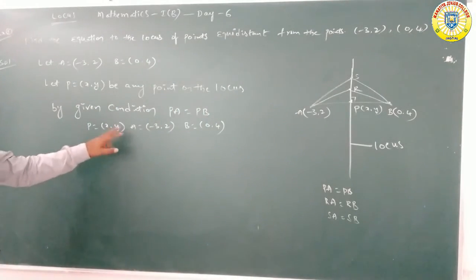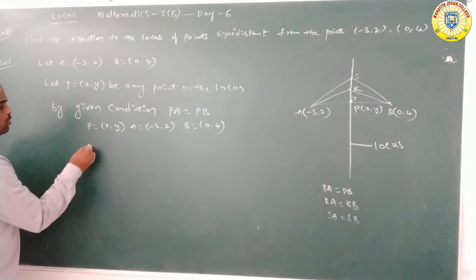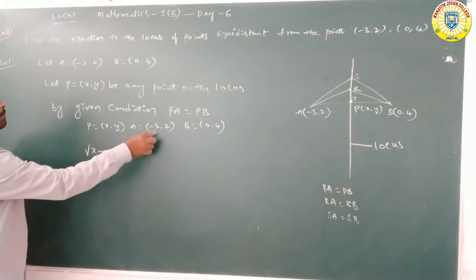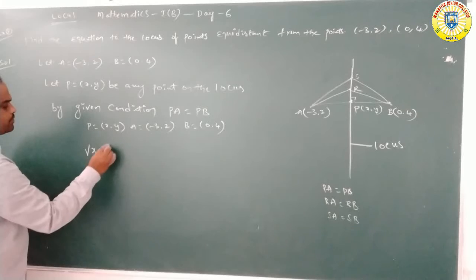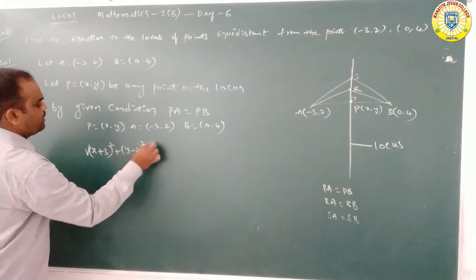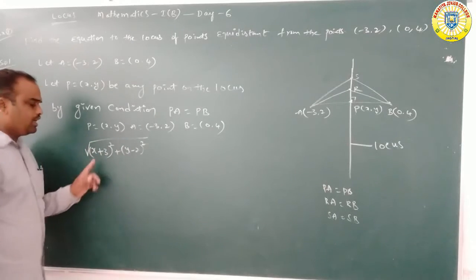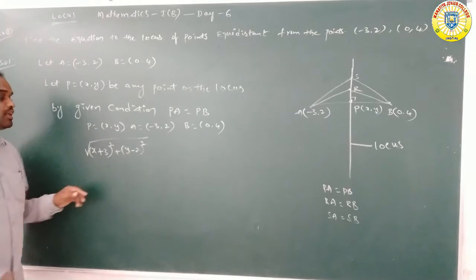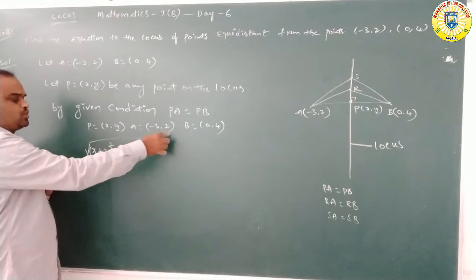So here we take x1 minus x2: under root of x minus of minus 3, that is x plus 3 whole square, plus y minus 2 whole square. This is x1, y1 and this is x2, y2.